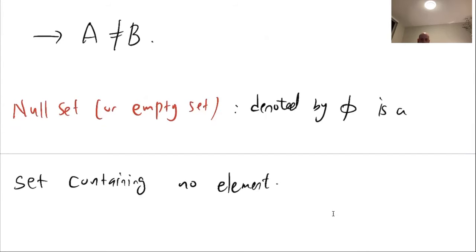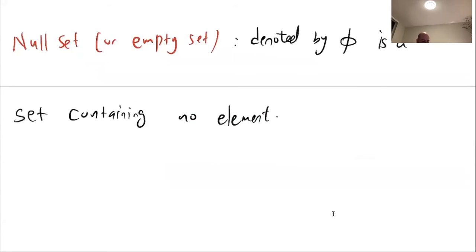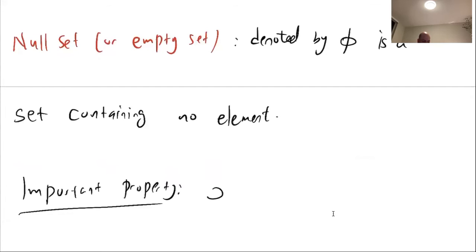A set containing no element is called the null set or empty set. Now, an important property of this null set or empty set is that the empty set is a subset of A for every set A.